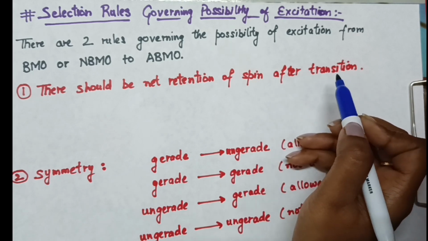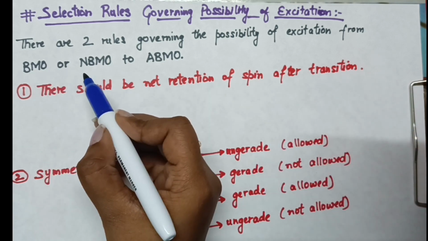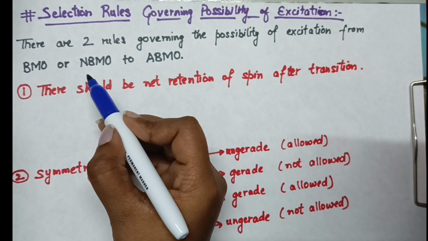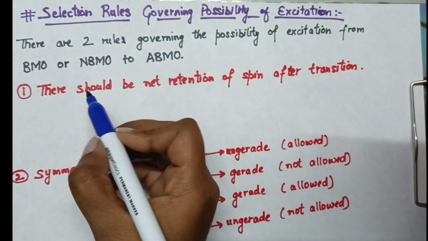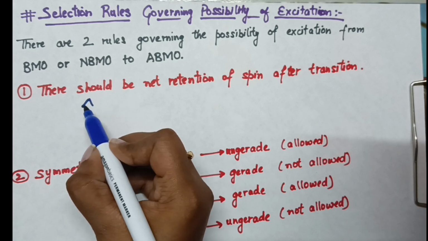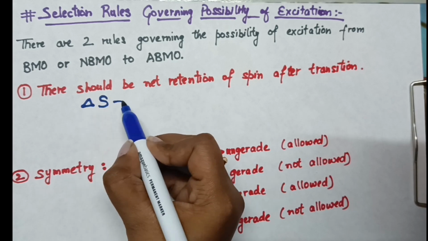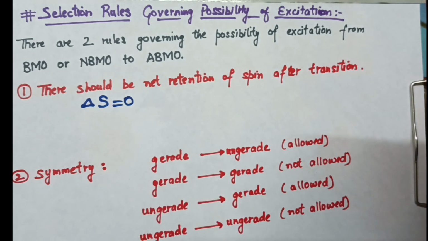That means, suppose we are having a transition from a bonding or non-bonding molecular orbital to the anti-bonding molecular orbital, then the change in spin will be zero. That is, there will be net retention in the spin.